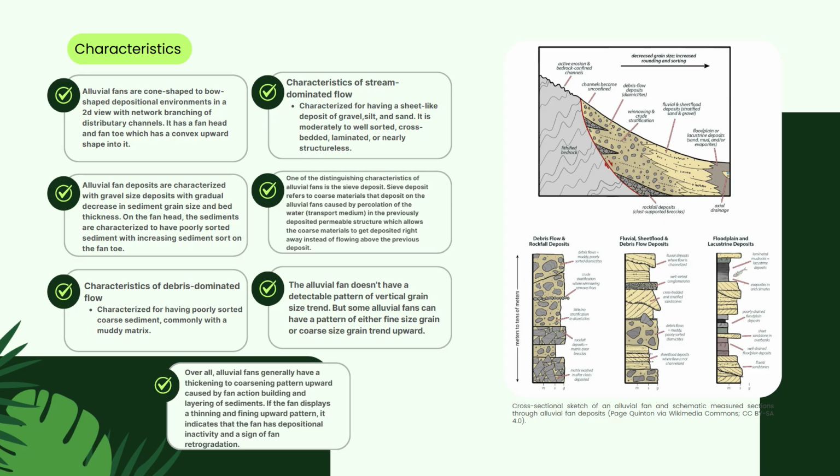Sediment grain size generally shows no consistent vertical trend, but some fans display upward coarsening due to ongoing deposition, while others show a fining upward pattern indicating periods of inactivity or retrogression. Alluvial fans play an important role in shaping landscapes and preserving geological records. Their deposits tell us about past climatic events, sediment supply, and tectonic activity.